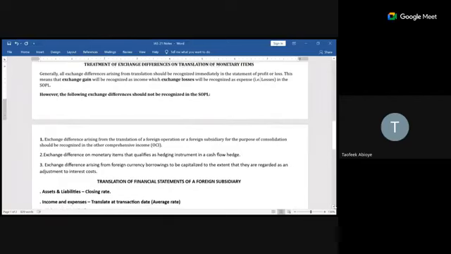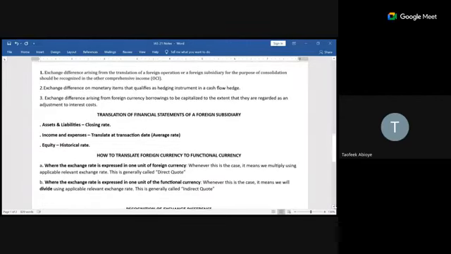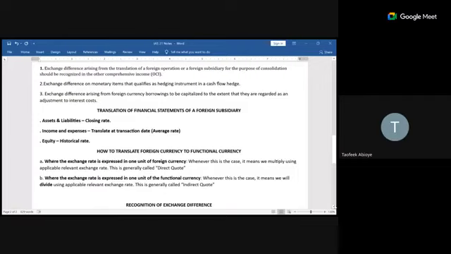So let's move on. Now, translation of financial statements of a foreign subsidiary. IAS 21 also gives us guidance, and that is the reason why I said we are going to do IAS 21 before we do group accounts. When you are translating your foreign subsidiary, IAS 21 gives us a guideline that when you are translating assets and liabilities, we use the closing rate.